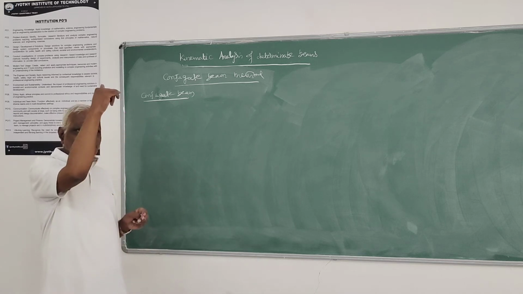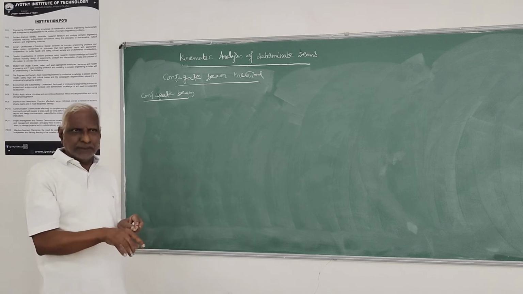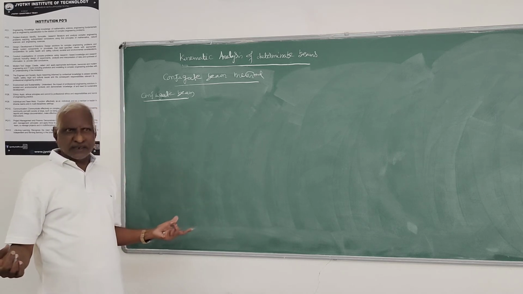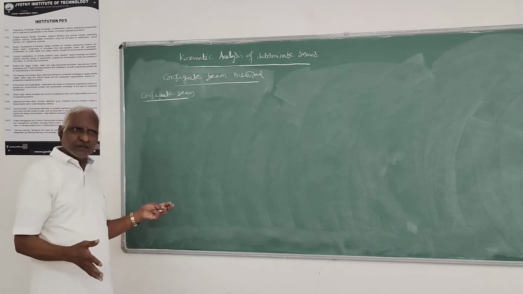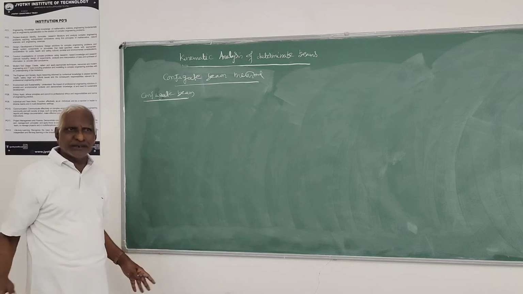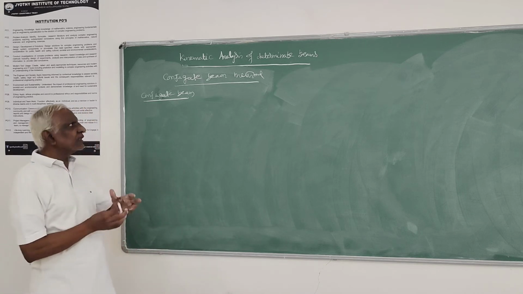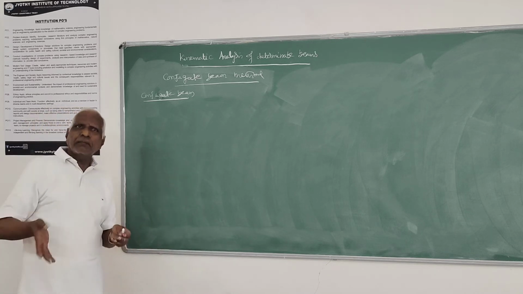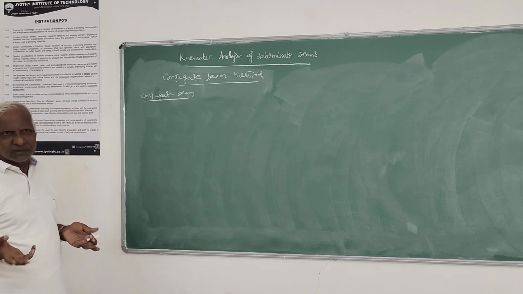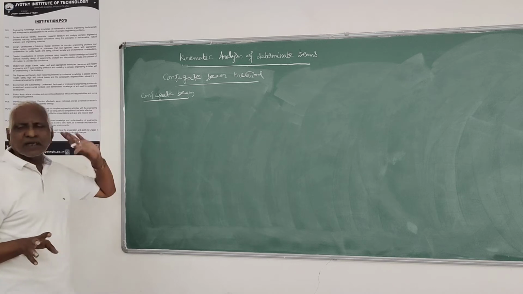In that conjugate beam, with the M by EI diagram as load and the changed boundary conditions, you determine in the usual way the shear force and bending moment at any point. The shear force at any point will give you the slope, and the bending moment at any point of the conjugate beam will give you the deflection. That's all the theory behind the conjugate beam.